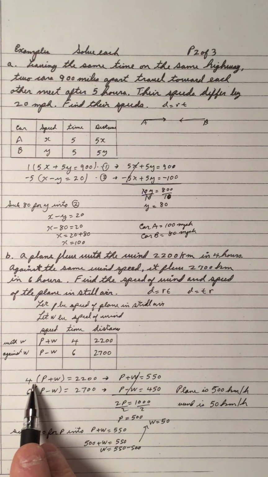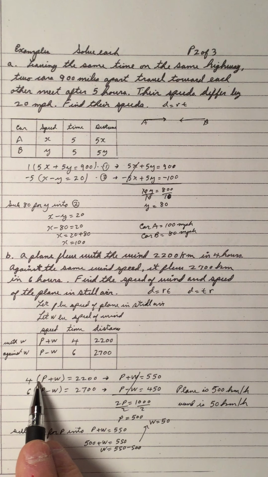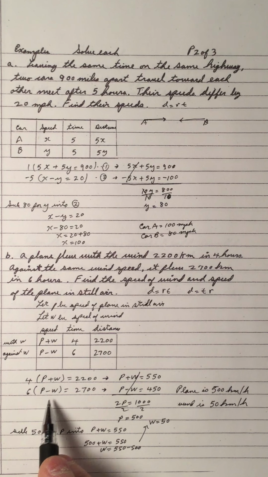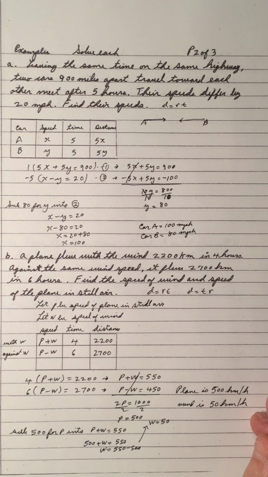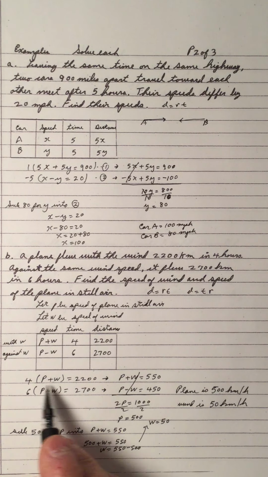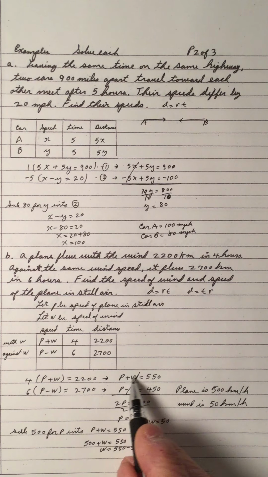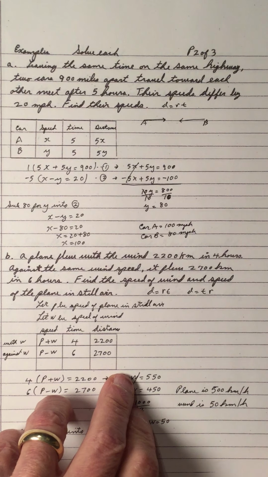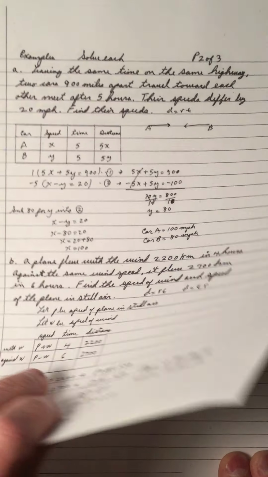You could multiply this equation by 4 and get 4P plus 4W, multiply this one by 6 and get 6P minus 6W, but you have to do an elimination then. It's easier to divide by 4 and divide by 6 to get the simple equation. That's a little trick when you go against current and against the wind.